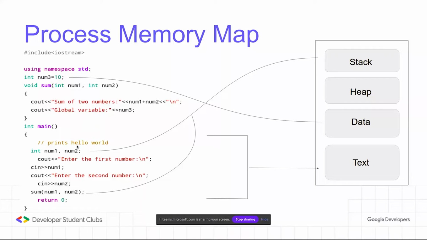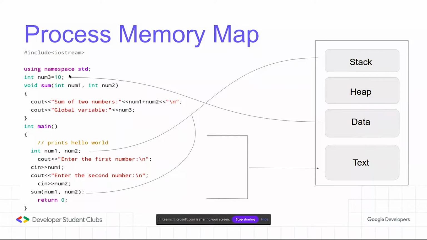The second is that num1 and num2 are stored in the main block, whereas num3 is stored outside these blocks. So num3 can be accessed from inside both blocks, whereas num1 and num2 cannot be accessed outside their block. So when we create a global variable, it can be accessed from anywhere in the code.